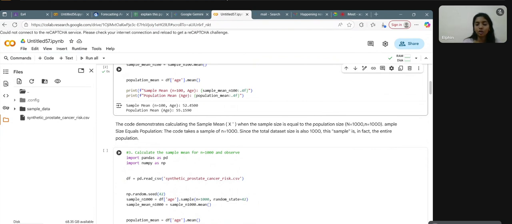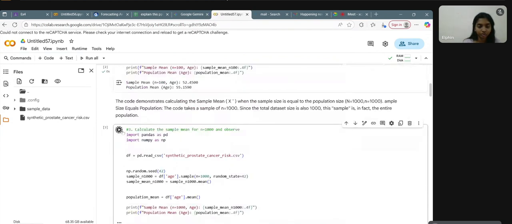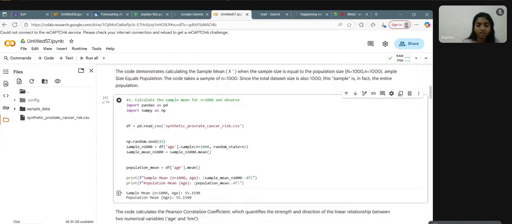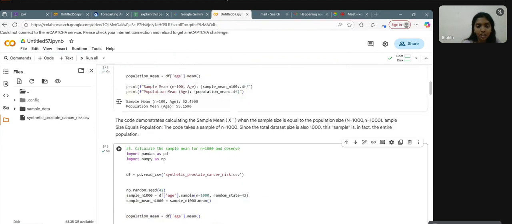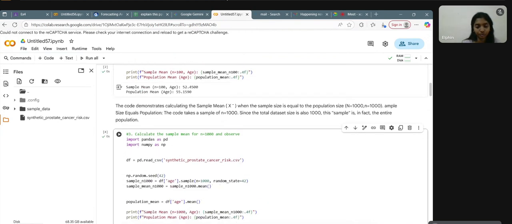This code takes a sample of n equal to 1000, so the total data set size is also 1000. The sample is in fact the entire population. Let me run this code. See, sample mean: if n is equal to 1000, it is 55.1590. If n is equal to 100, it is 52.450.